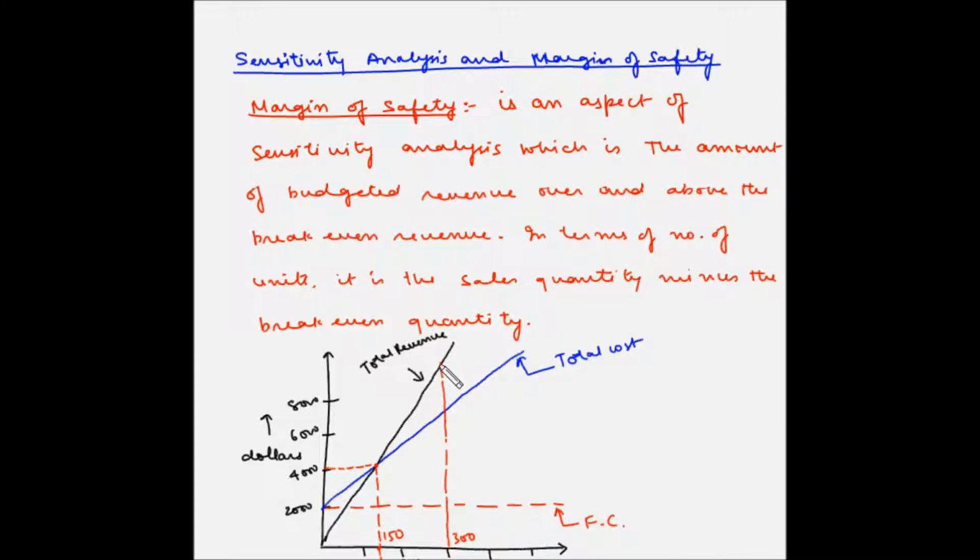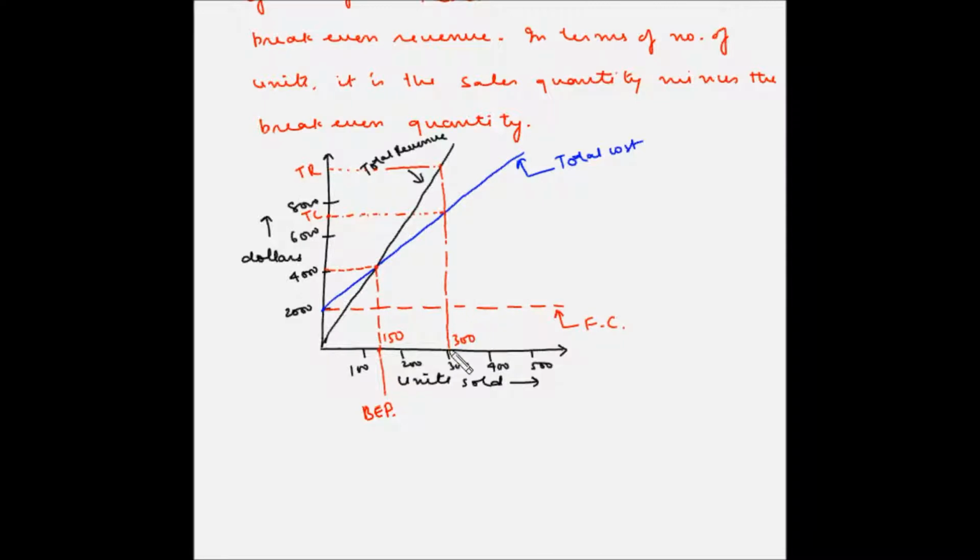So this point here, if we draw a line parallel to the x-axis, will represent the dollar amount for the total revenue, and if we draw a line parallel to the x-axis from this point on the total cost line, then this point will represent the total cost. So this is the sales quantity and this is the break-even quantity.